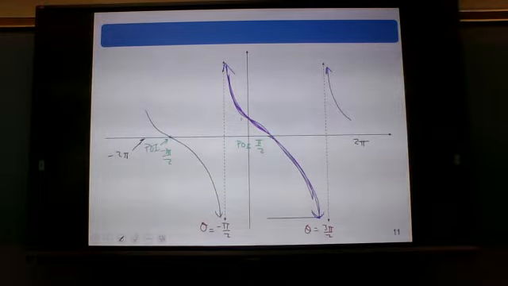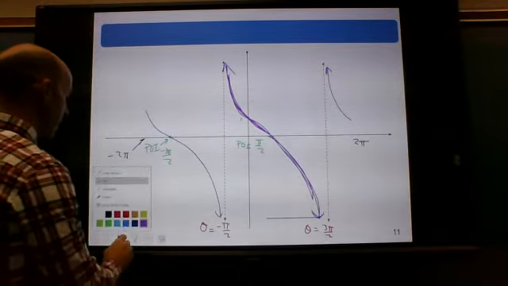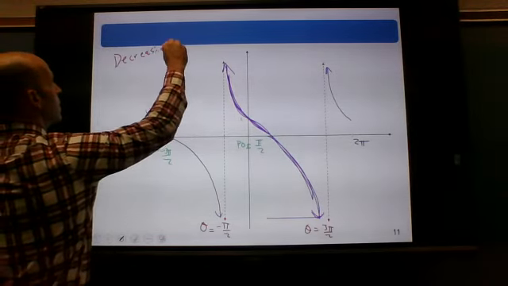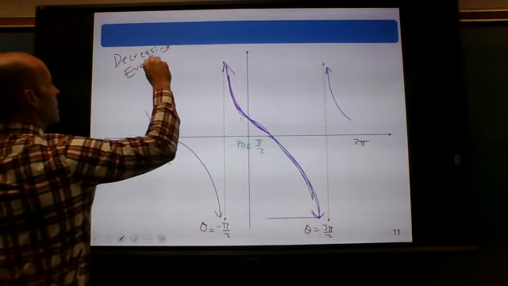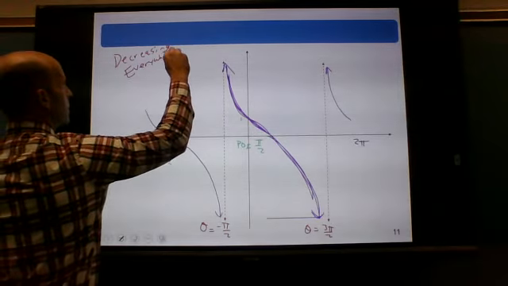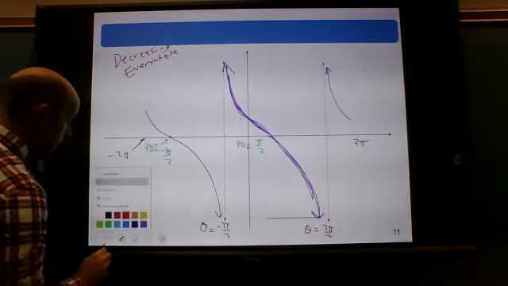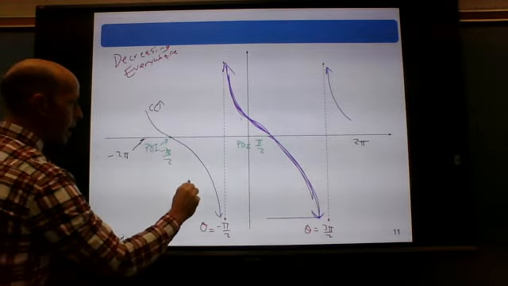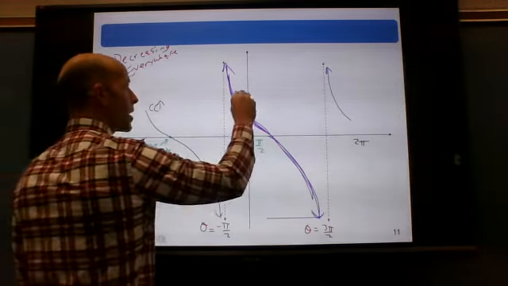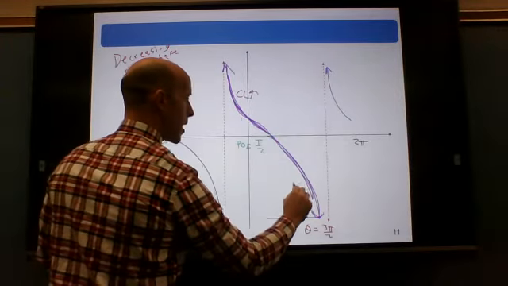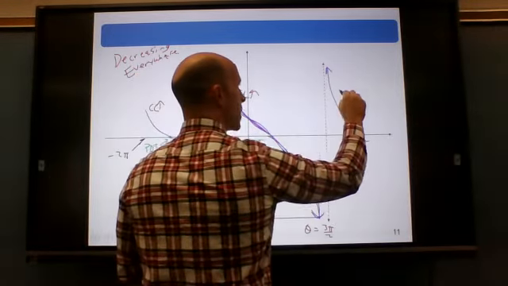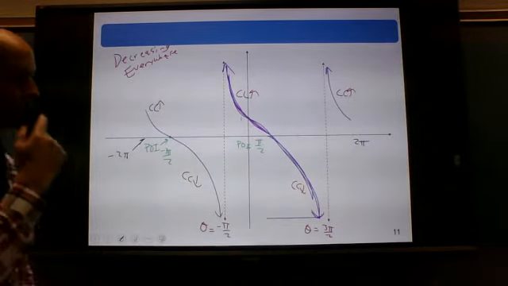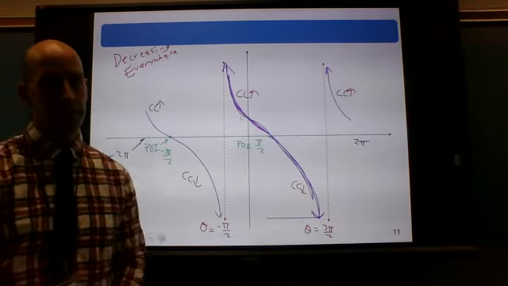And we can see that indeed our function is decreasing everywhere. Hopefully we can see that it's concave up here, concave down here, concave up here, concave down here, and then concave up there. And we've got our points of inflection, and that's going to be our graph.